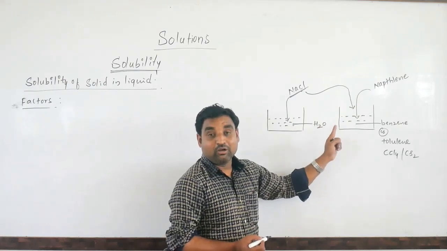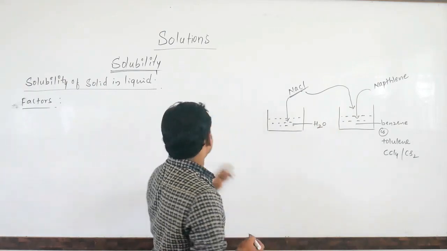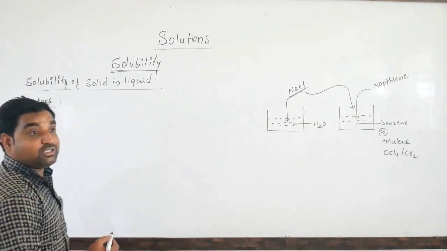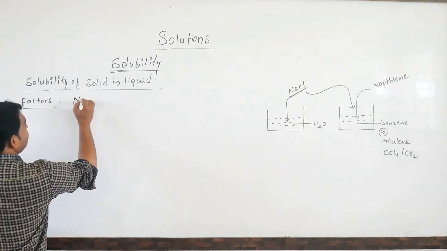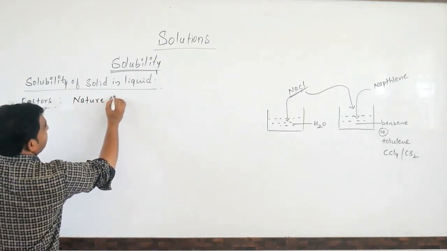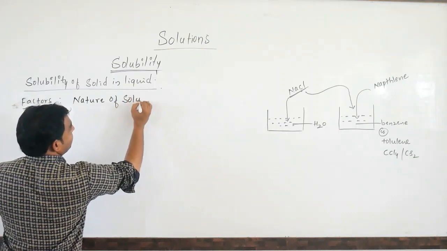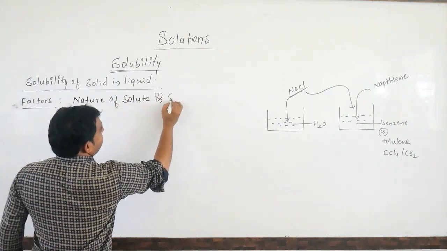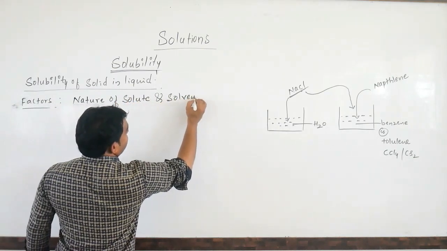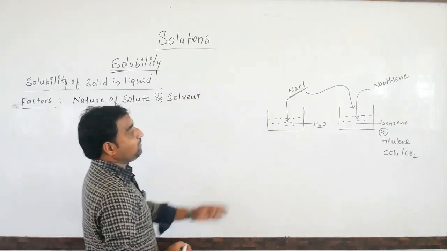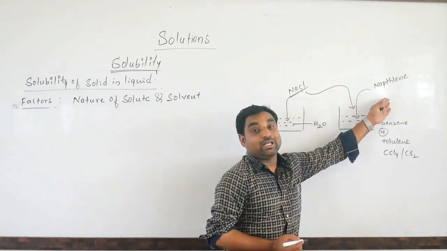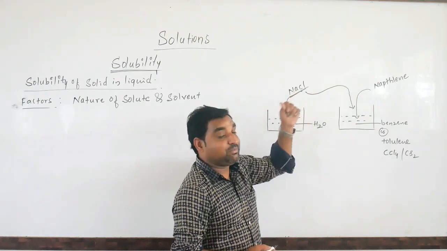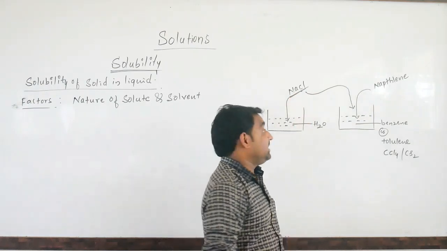So the first factor which affects the solubility of a solid in liquid is the nature of solute and solvent, whether it may be sodium chloride or naphthalene or anthracene or sugar.